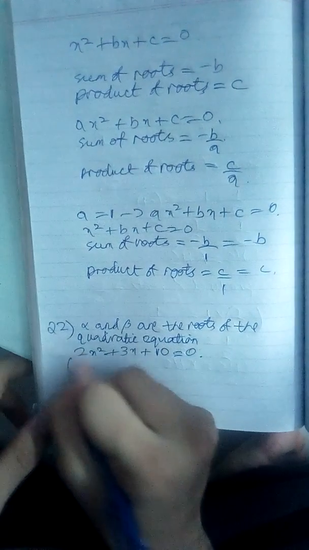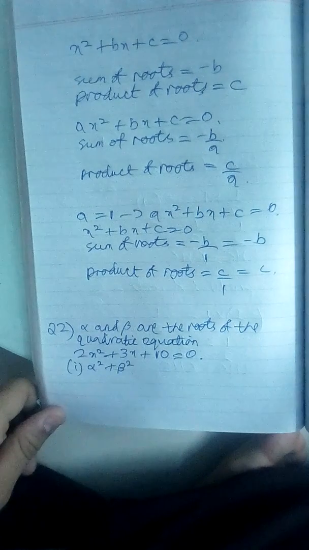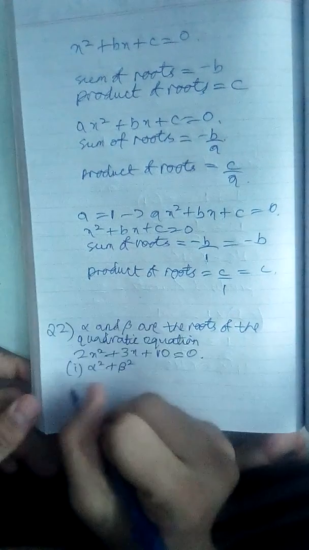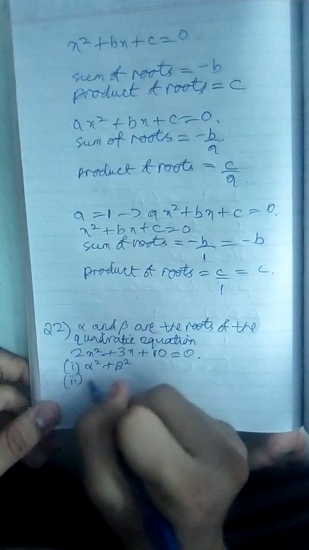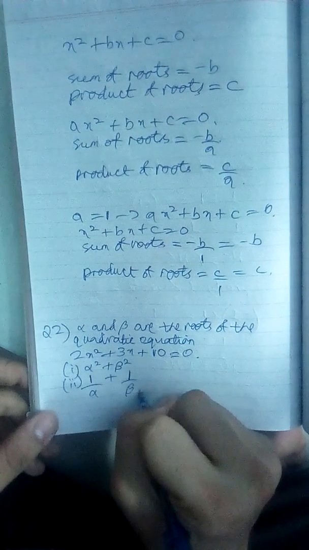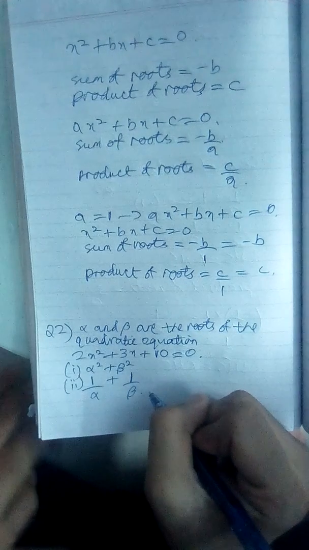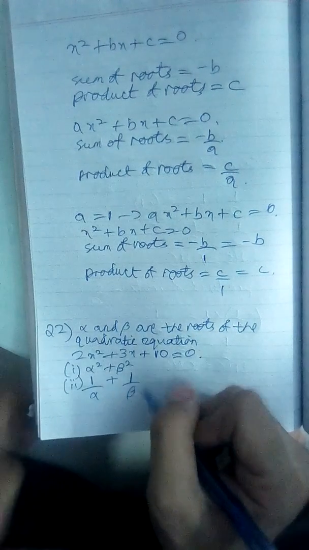Calculate the value of alpha square plus beta square. Then we have to calculate the value of 1 upon alpha plus 1 upon beta. Now we will move a step further and calculate the sum of the reciprocals of the roots.